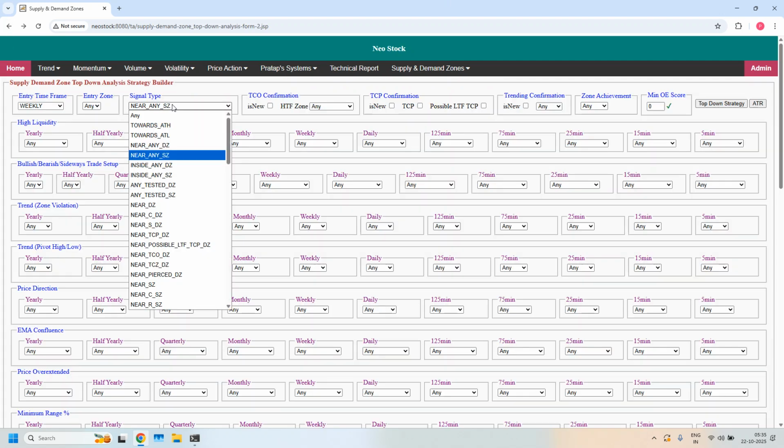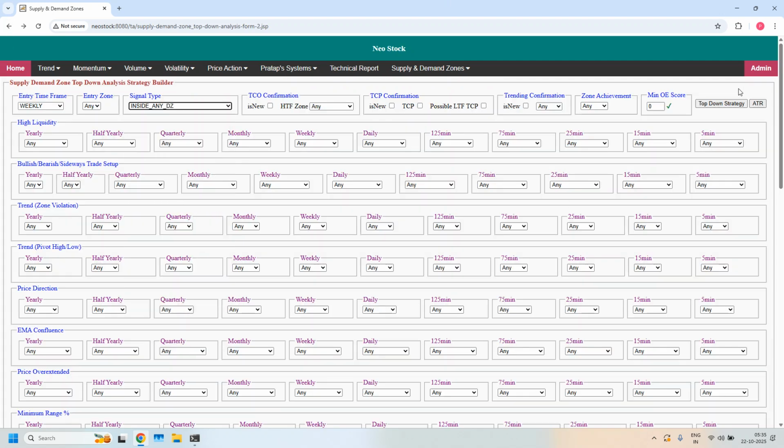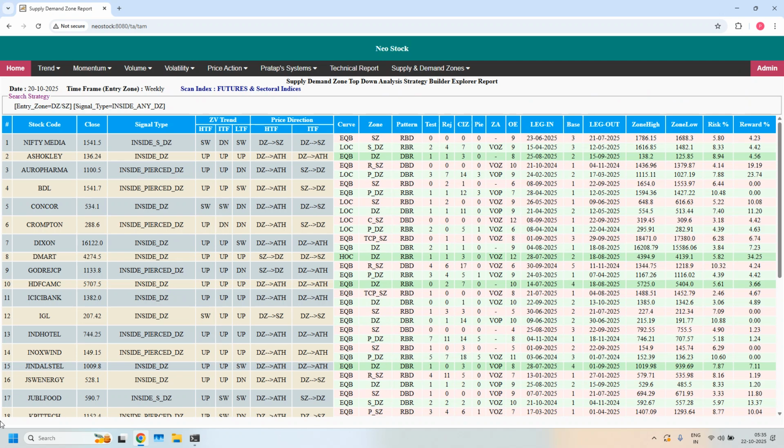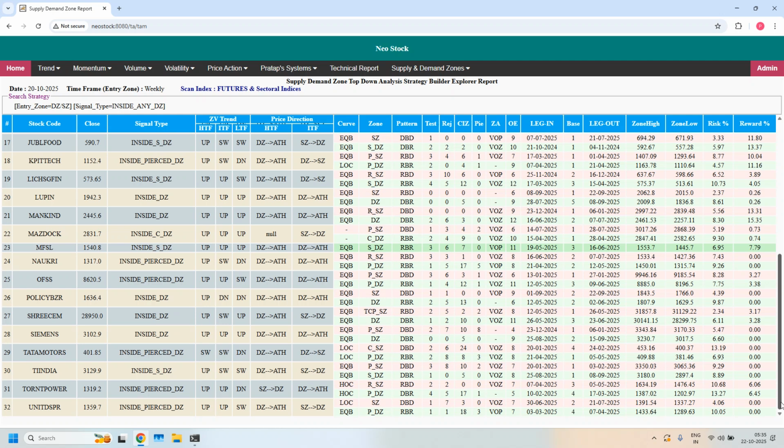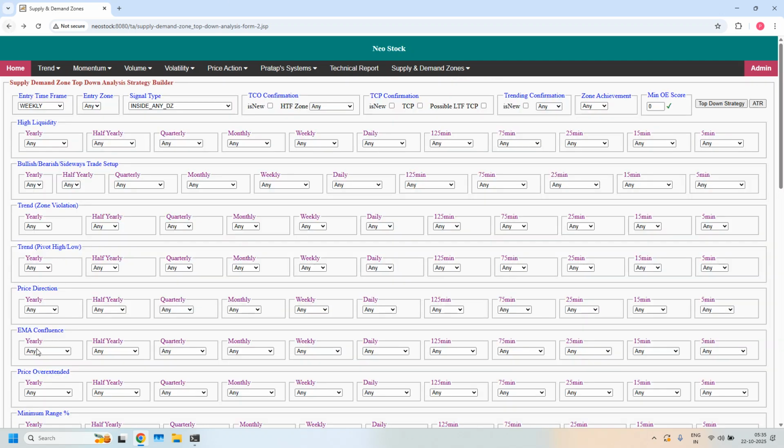Next, price closed inside the weekly demand zone. First 17 stocks in the list. Scrolling the list down, 32 stocks are filtered. We can further filter this list based on weekly demand zone having weekly EMA confluence.